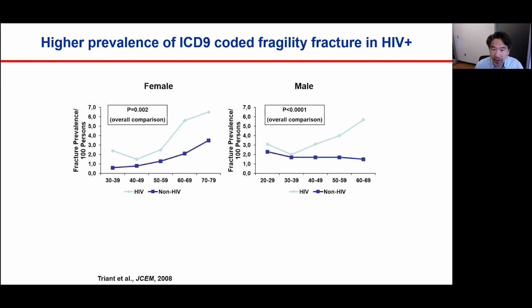It shows this very nicely for both women and men, that the split between the HIV-positive and the general population begins around 50 for women and a little bit earlier for men. Subsequent to this, there have been many other studies from the MACS and the WIHS, looking at incident fractures, and this sort of plays out as well.